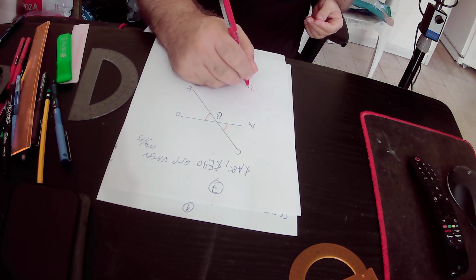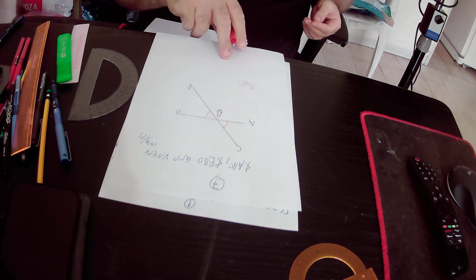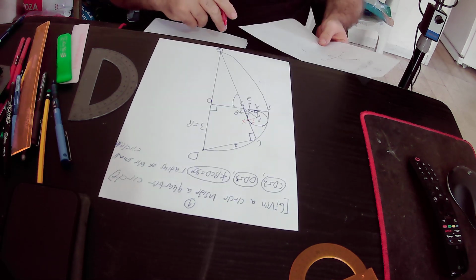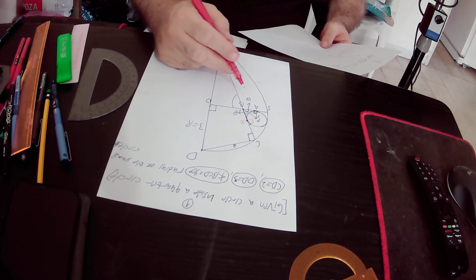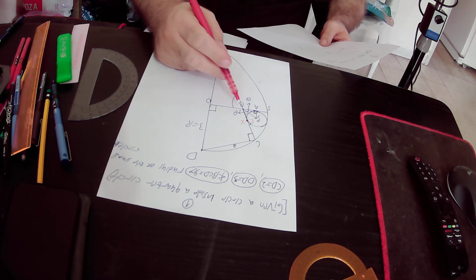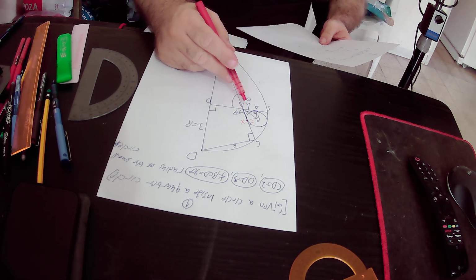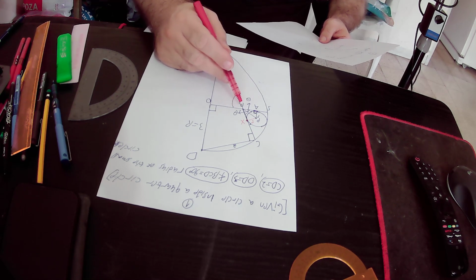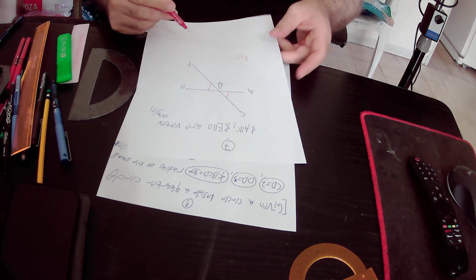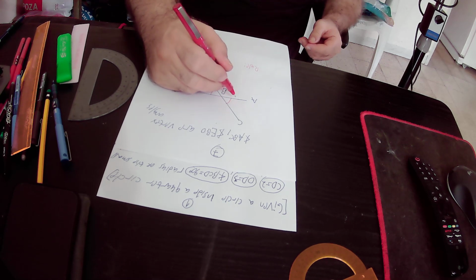The rule states, actually before that, what is the value of angle ABC? Angle ABC equals theta plus theta. That is to say, angle ABC equals 2 theta.